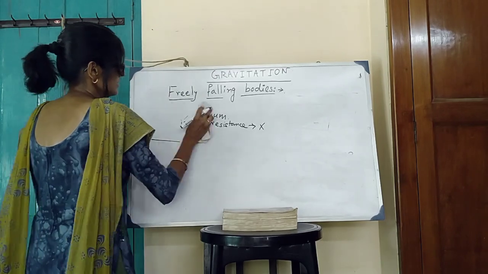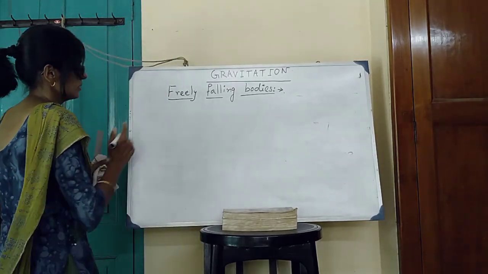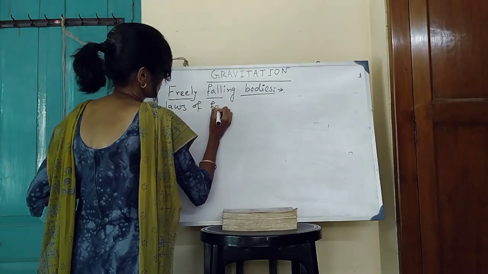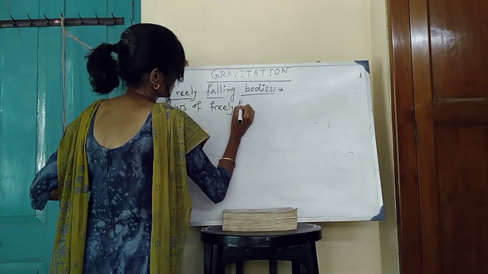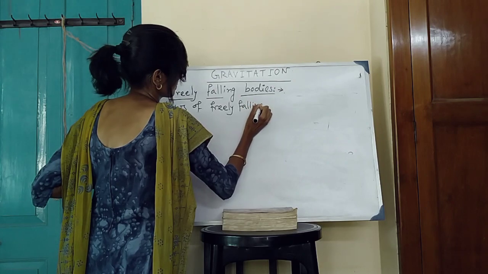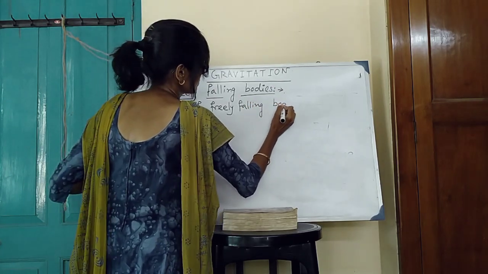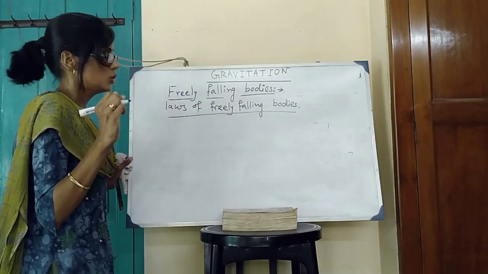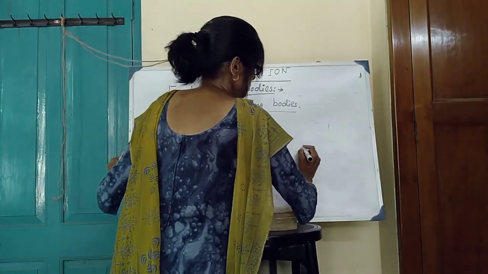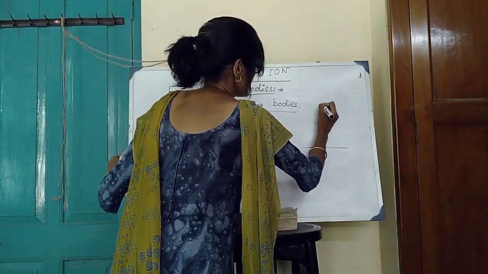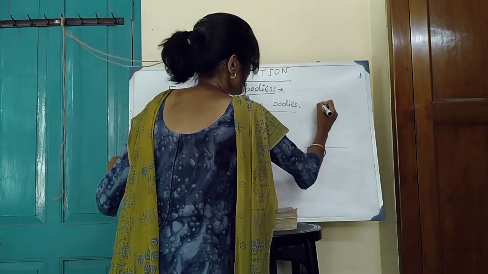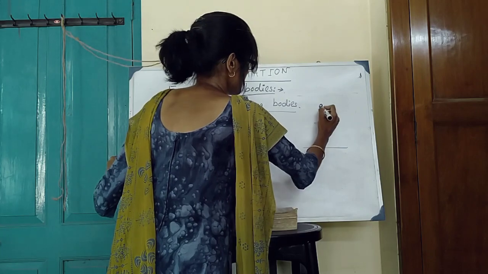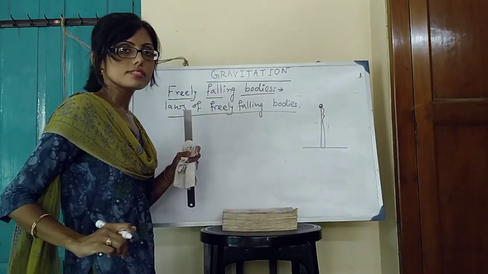Some laws are there regarding freely falling bodies. So our new topic is laws of freely falling bodies. Two conditions are there. Suppose the body is kept at a certain height h from the surface.